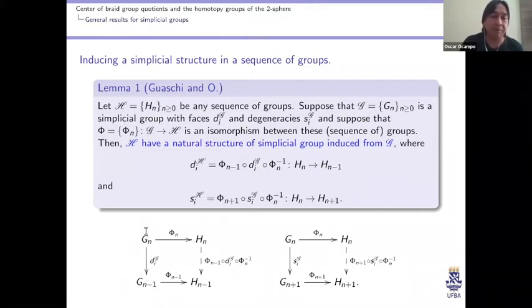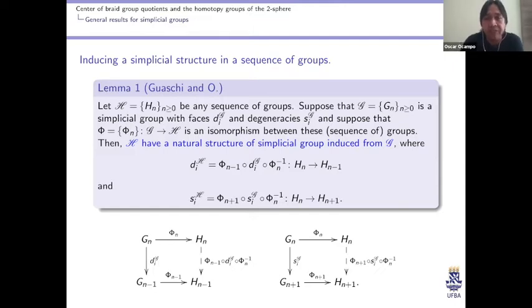If we know that there exist face maps for Gn and there exists this isomorphism, we may naturally induce a face map for Hn and degeneracy maps for Hn also. It's very easy to verify that they satisfy the simplicial identities.